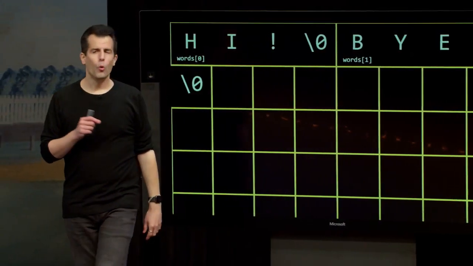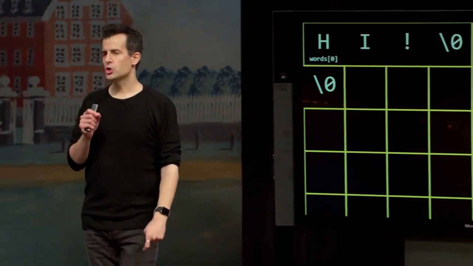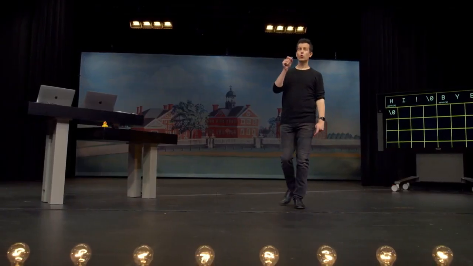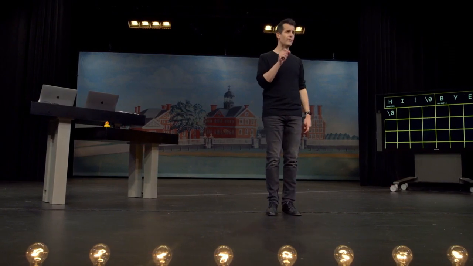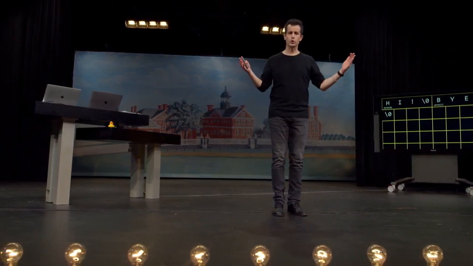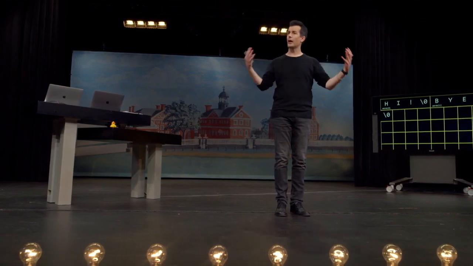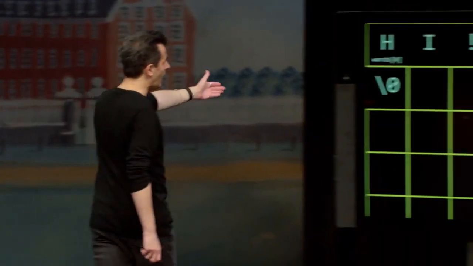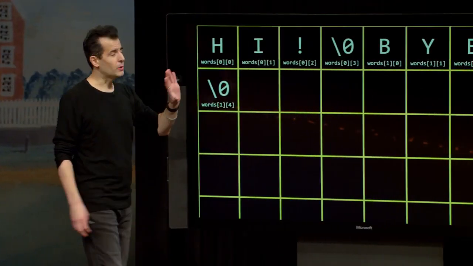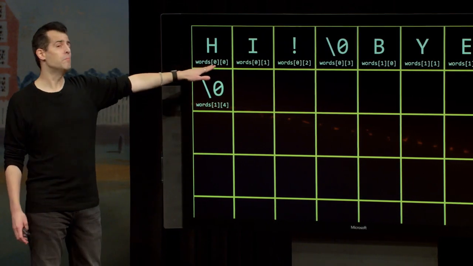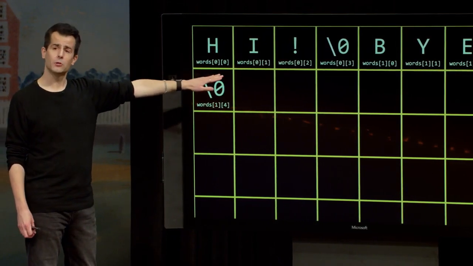But again, what is a string? A string is an array, and yet here we have an array of strings, so we kind of sort of have an array of arrays. So we've got an array of words, but a word is just a string, and a string is an array of characters. So what I really have on the board is an array of arrays. And so here, and this will be the last weird syntax for today, you can actually have multiple square brackets back to back.